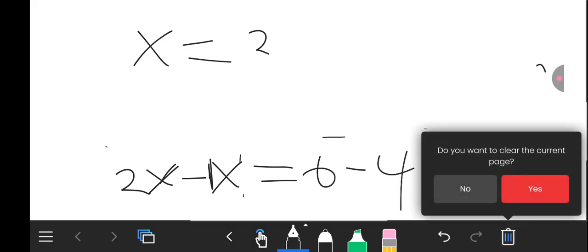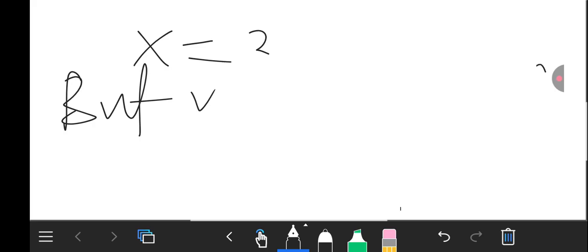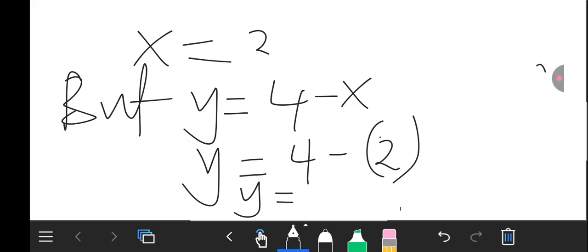But remember, we had to let y be equal to 4 minus x. So y will be equal to, where there is x, substitute now 2. You put it always in brackets. So y will be equal to, what is 4 minus 2?